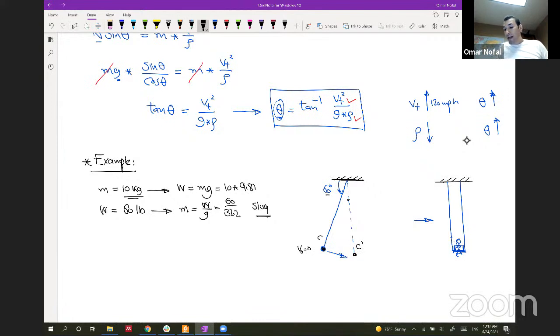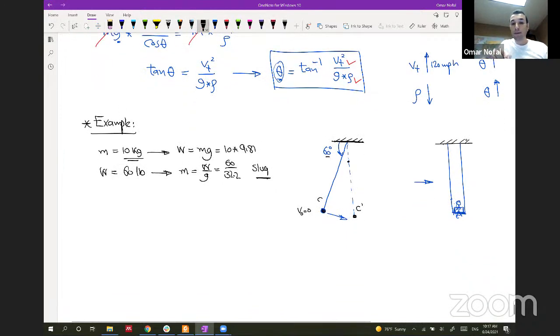So right now the tangential acceleration, normal, actually everything will be changing with theta. As theta is changing, everything will be changing. So let's see how this will happen. And as I told you, you will have to start first with a free body diagram.